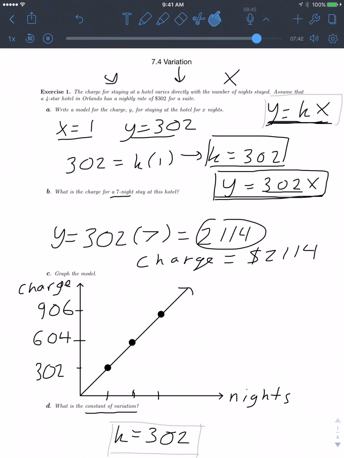So that is ultimately our goal. First, we'll figure out what type of variation we're talking about. We'll refer to the notes as necessary to see what the shape of the equation or model should be. Then we assign variables to the quantities in question. In all of these cases, we're going to have parameters. In this case, we were told that one night in a 4-star hotel cost $302.